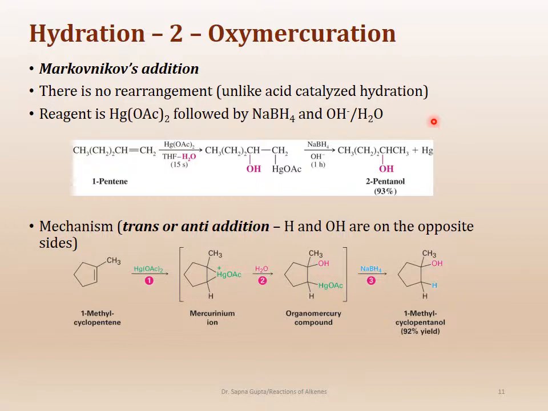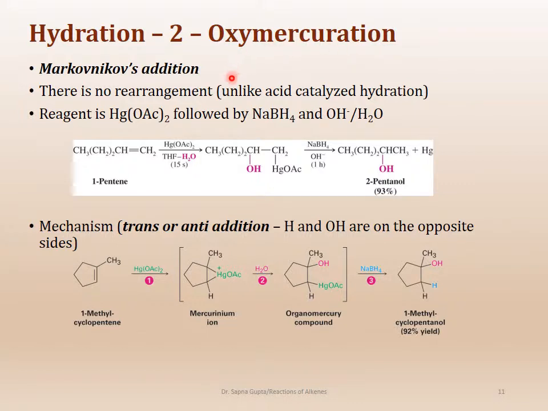The reagent here is the mercury acetate, and then once you treat it with sodium borohydride and base, that is the workup of the reaction, which helps to finalize the reaction. Workup means to protonate anything that is remaining to be protonated, so there are no ions left by the time you're done with the reaction.